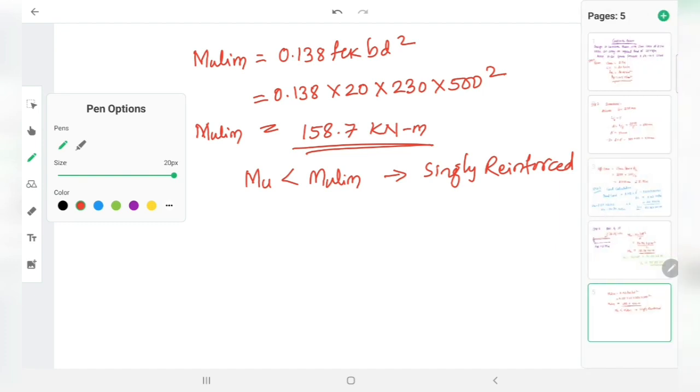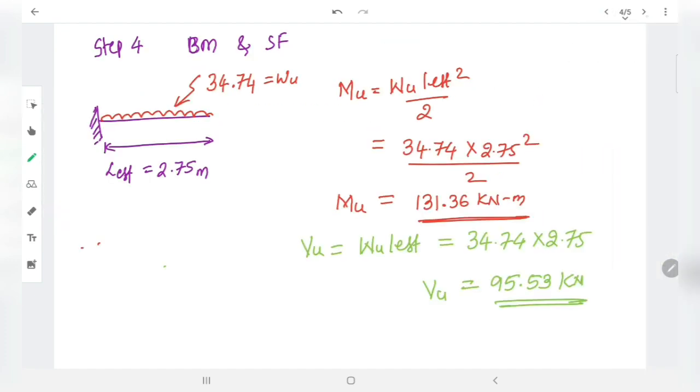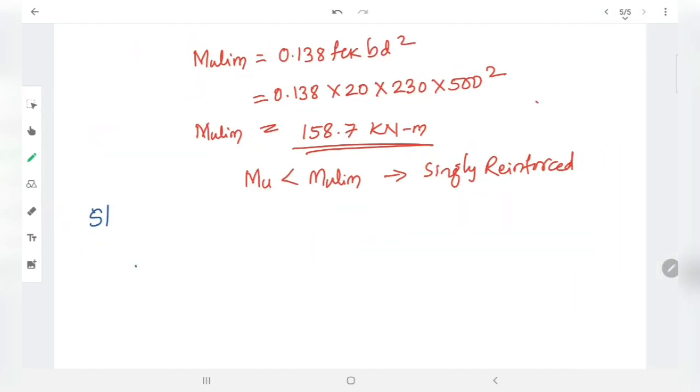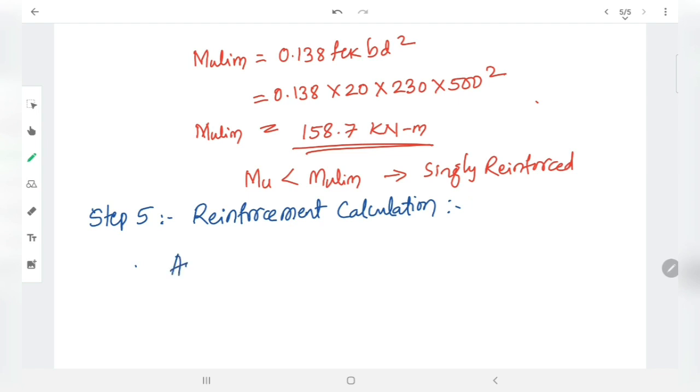So the next step is step 5, reinforcement calculation. Here in this reinforcement calculation we have an equation.